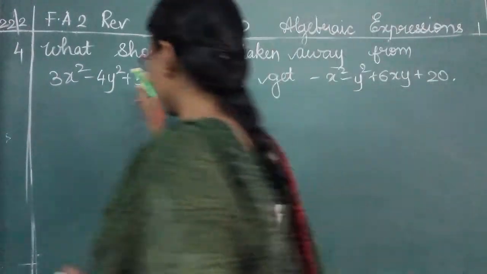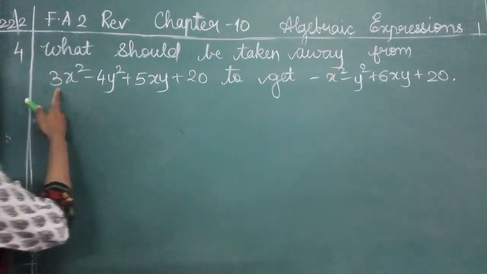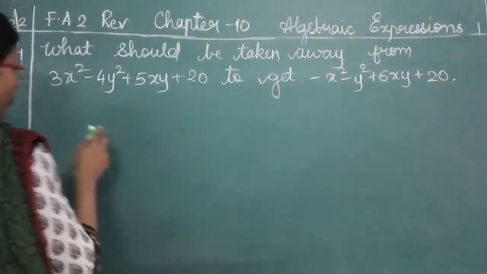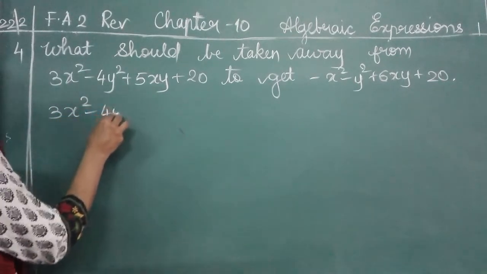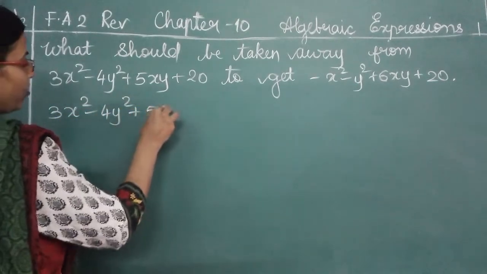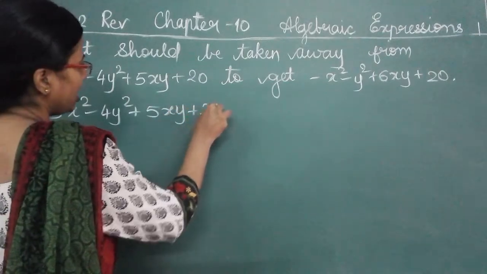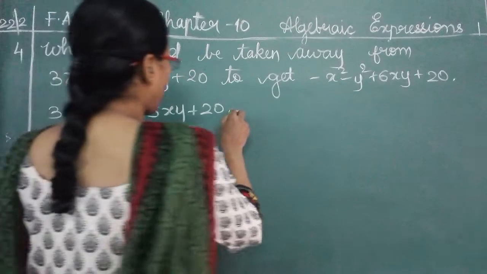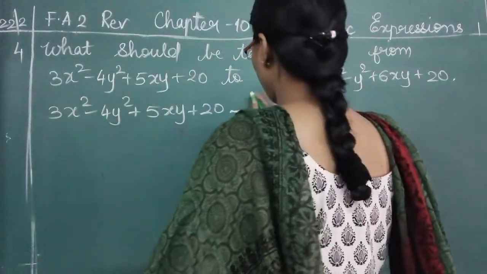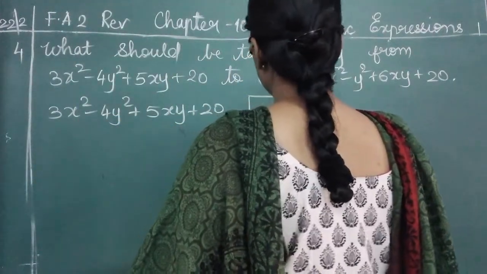So let us do this. What should be taken away from this to get the other one? So now let us copy. 3x square minus 4y square plus 5xy plus 20 minus, what should be taken away? Taken means minus. You don't know what is there here, so I am going to draw a box.